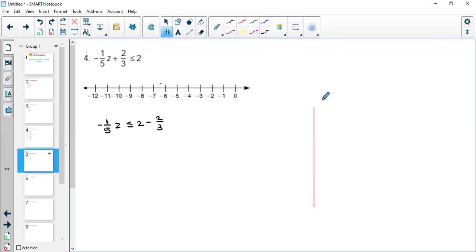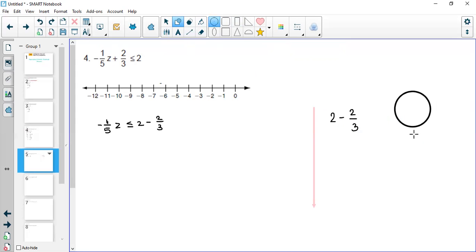Okay, so 2 minus 2 over 3. Now, this is two wholes, right? I want you to concentrate on this. That's why I'm putting it in pictorial form. Now I have two wholes here, and each of these has been divided into three parts.